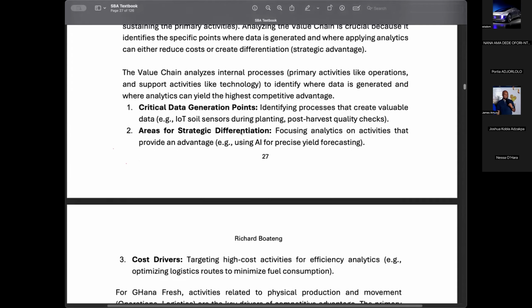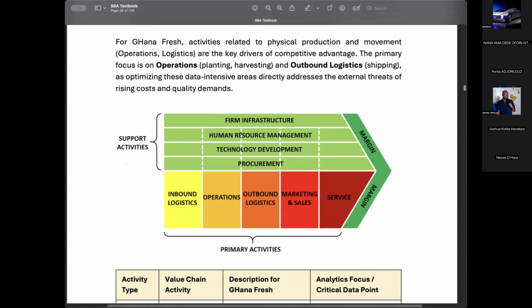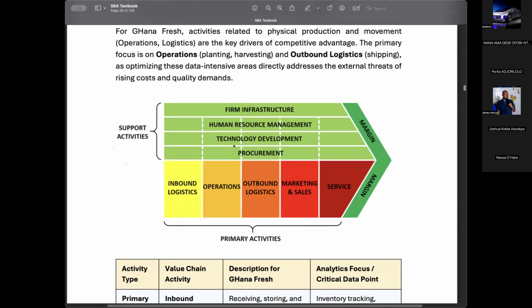Okay, great. So this is how it looks. For Ghana Fresh, activities related to physical production and movement, like operations and logistics, are the key drivers of competitive advantage. The primary focus is on operations, planting and harvesting. Operations matters a lot for Ghana Fresh because it's a farm. They produce the things themselves. And then outbound logistics, being able to sell the things.